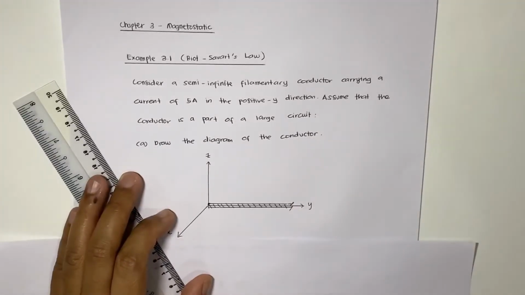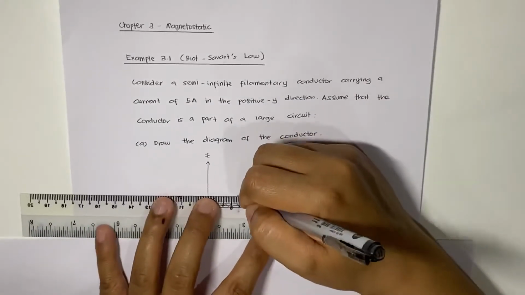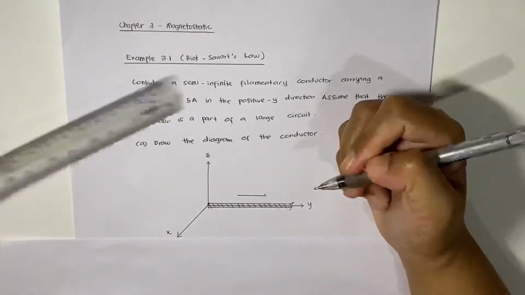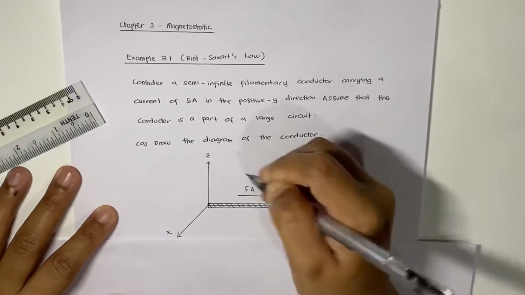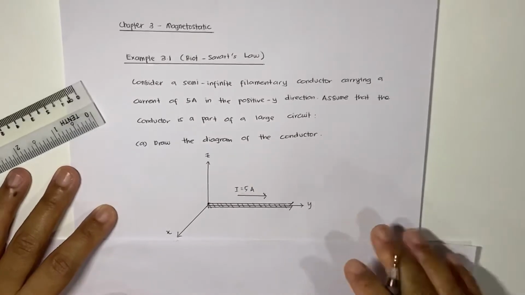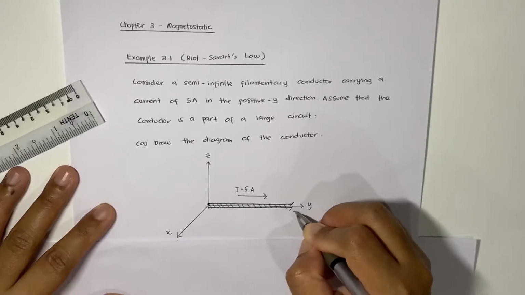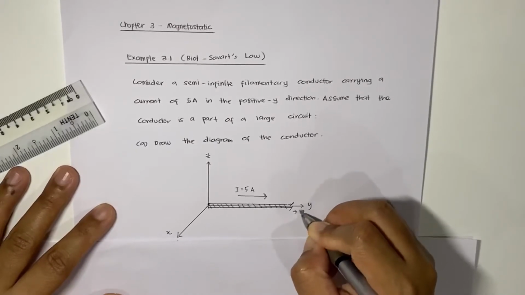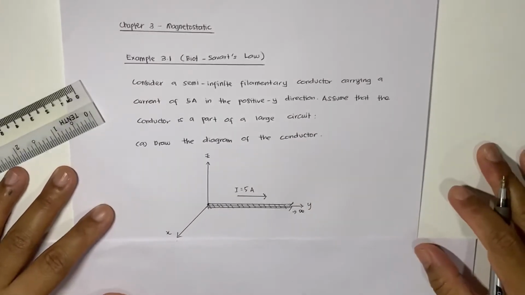The current flows 5 ampere. We assume that this is a semi-infinite conductor.